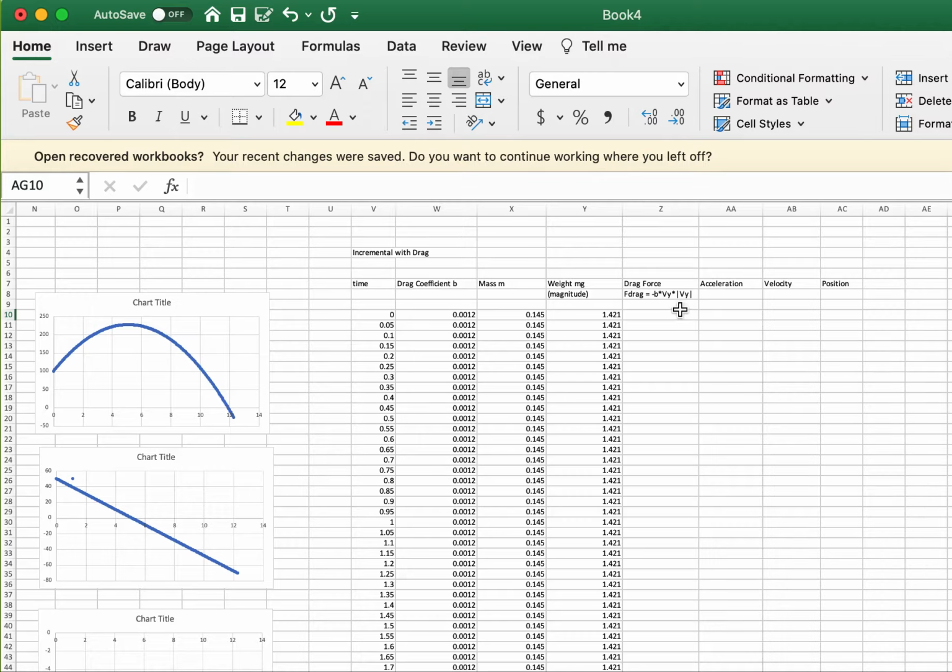Alright, that looks good, and we can type in our initial velocity and our initial position. That's all fine. It's like our starting inputs to this.